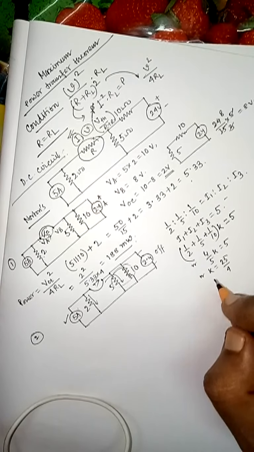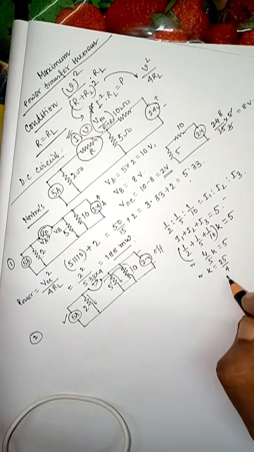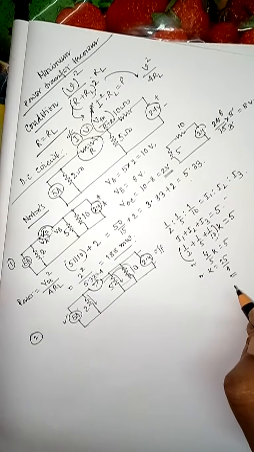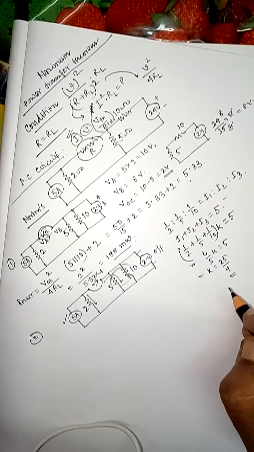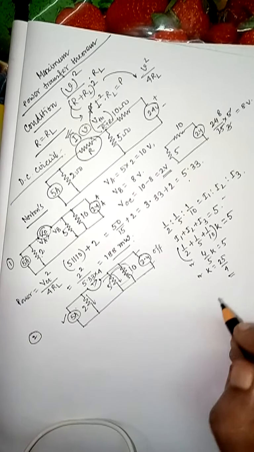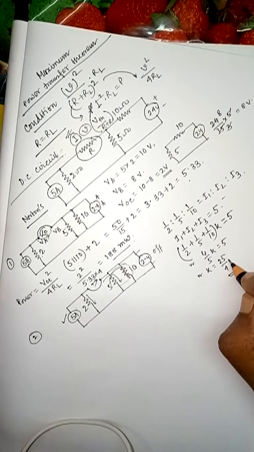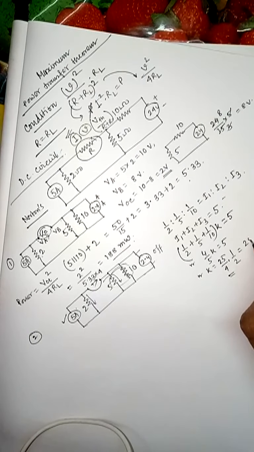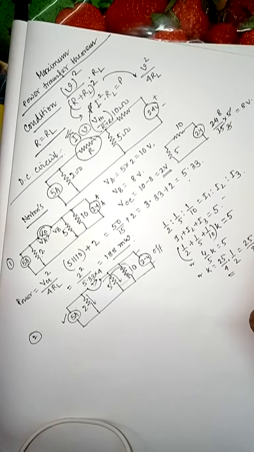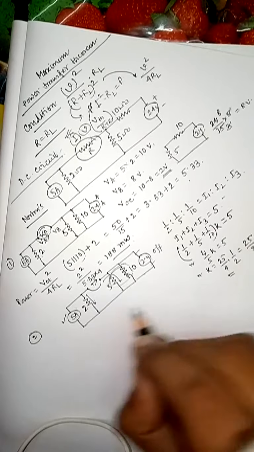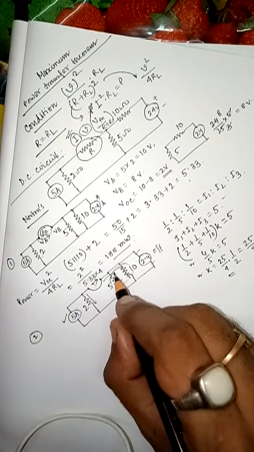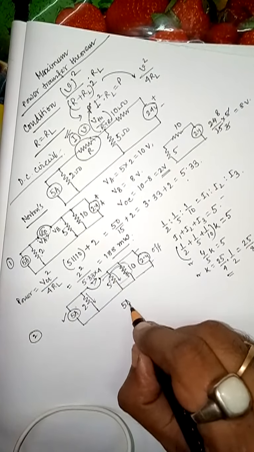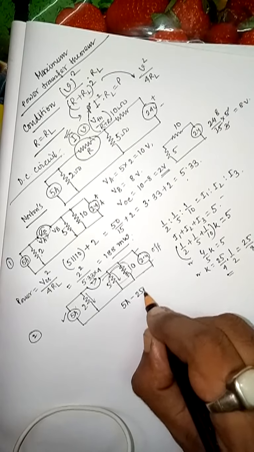So if it is 25 by 4, what is the current flow in this particular branch? Into half, that equals 25 by 8 ampere, okay, for this branch. So what is the rest portion? That is 5 ampere minus 25 by 8.